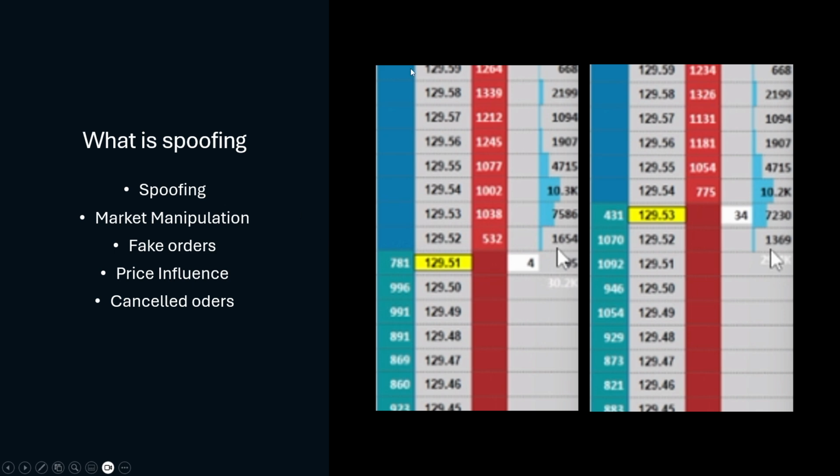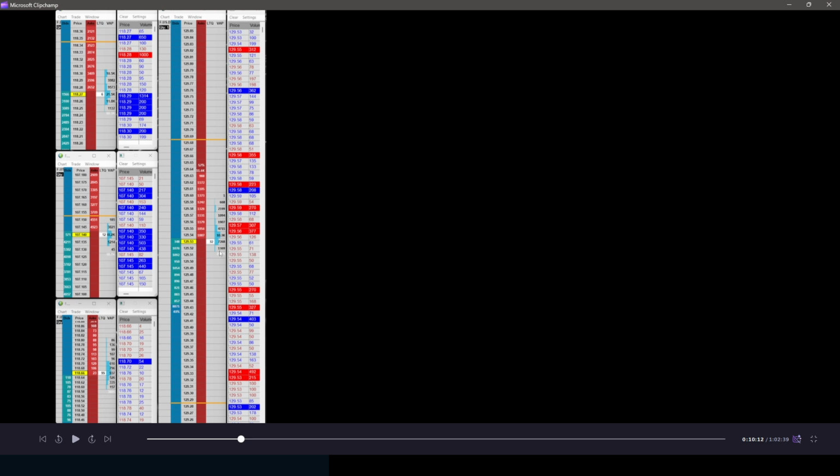So you can see right here we are currently trading at 53s. And you can also see that I used those two pictures from this video, so now you can see it a little bit better how the market is interacting with those two spoofers that are sitting right here.